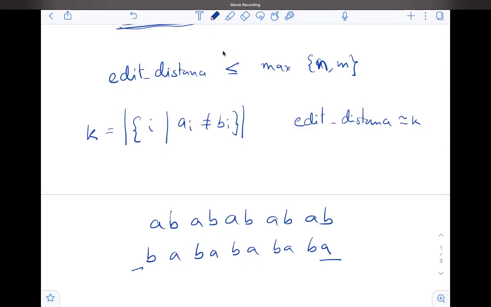Okay, very good. So you are drawing a graph where the vertices correspond to various strings. How many vertices are there then? Suppose there are k alphabets, so k to the power of max of m comma n.